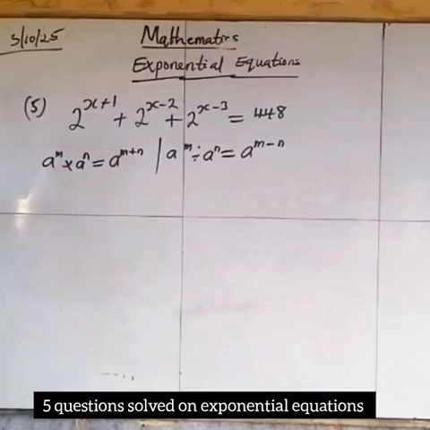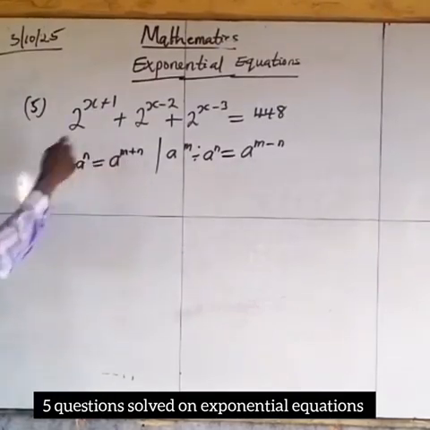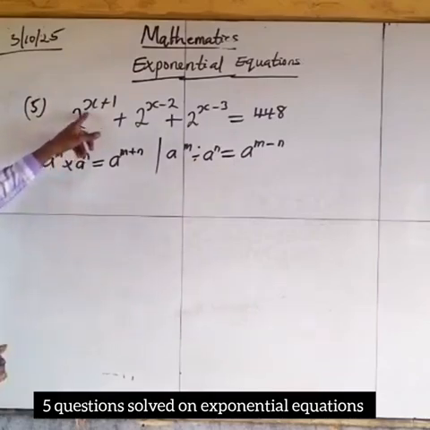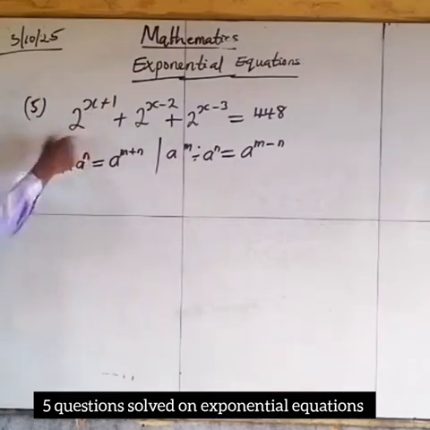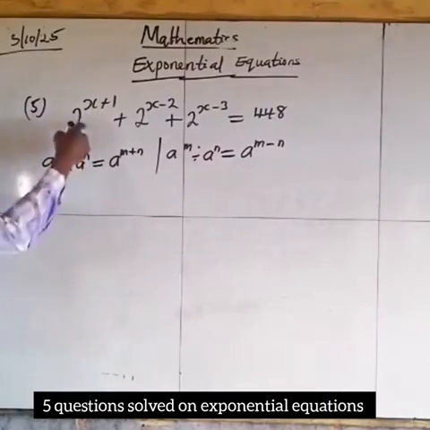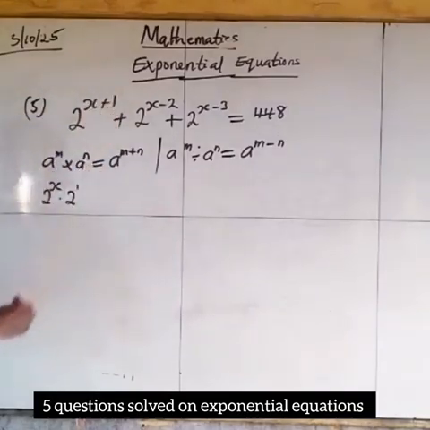And remember, we can transform a question in this format down to this, and as well do the opposite. So in this case, for the first term, 2 raised to the power x is multiplying 2 raised to the power 1, according to this law. That is 2 raised to the power 1, sitting as 2.